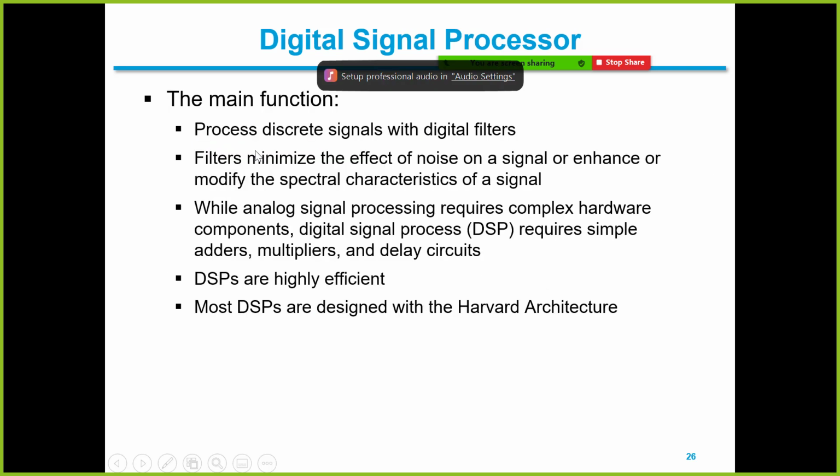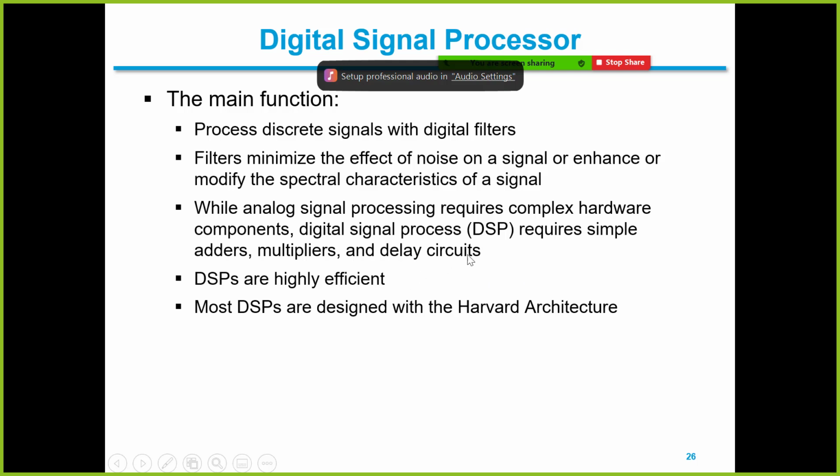DSP. So the main function of DSP is to process discrete signals, right, with digital filters, to process discrete values. So the filters minimize the effect of noise on a signal or enhance or modify the spectral characteristics of a signal.